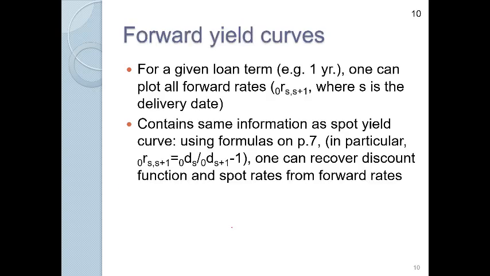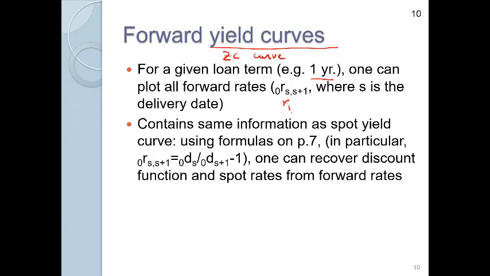Now we're going to think about what a forward yield curve would mean. So we already saw what a zero coupon curve is, and now we're going to think, okay, what does a forward yield curve mean? A forward yield curve is basically the same thing as the zero coupon curve, but it's a rate that is going to start in the future. So for example, let's say it starts in 1 year, S, and then it can go from S to S plus 1.